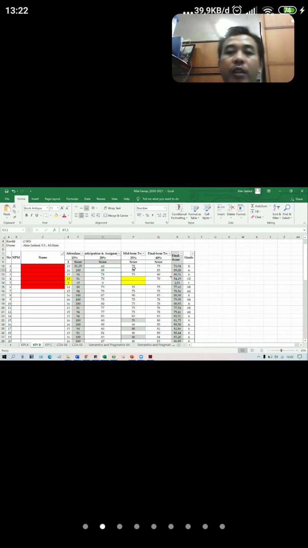And then for the midterm test, you will be scored as much as 25%, right? I think every lecturer has the same calculation for this score. And then for the final term test, this one is the highest percentage. There is 40% for the final term test.